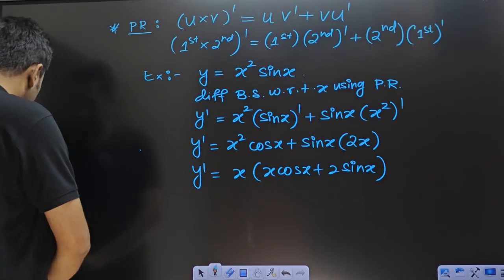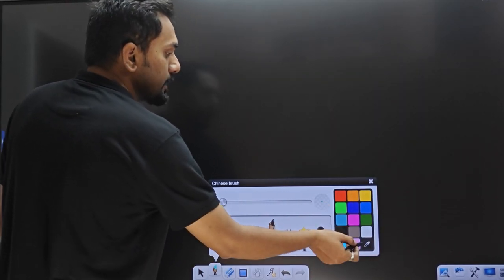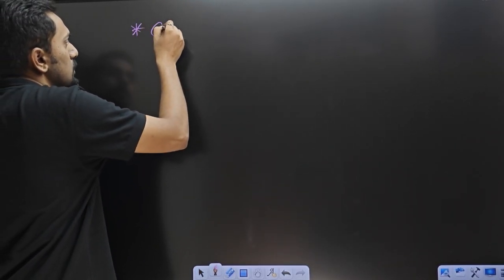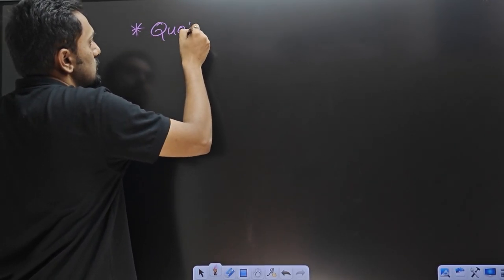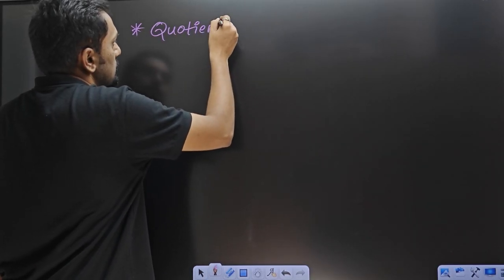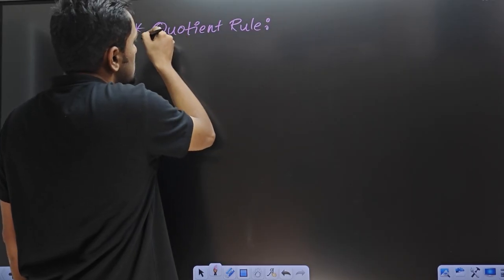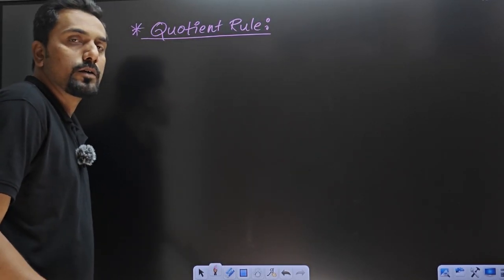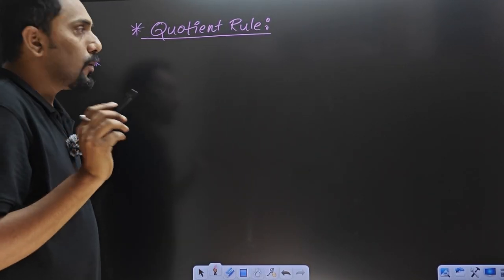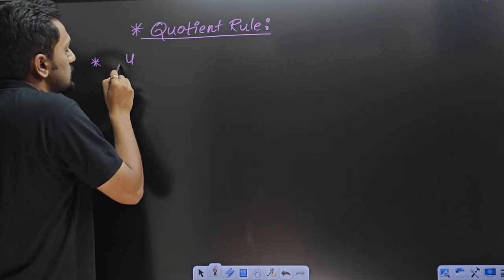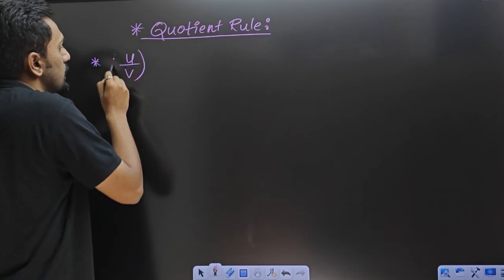Okay, then coming to the quotient rule, the 4-mark question in part E is completely based on the quotient rule. What the quotient rule says is, suppose there is a function of the form u divided by v.